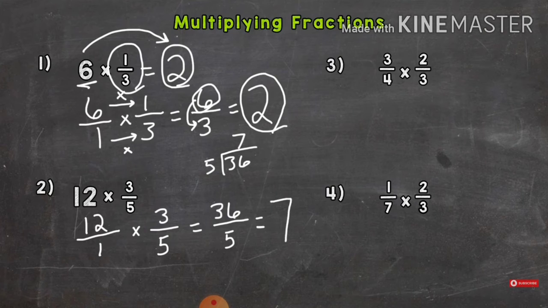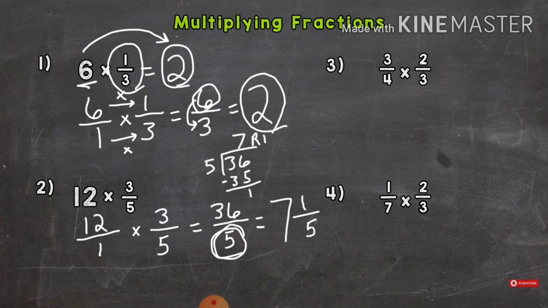But we didn't hit 36 exactly. We have a remainder, or something left over. So 7 times 5 is 35. Subtract to find out what the remainder is, and it's 1. So that 1 is actually going to be the numerator of our fractional part of this mixed number. A mixed number has a whole number and a fraction. So our remainder is the numerator, and we keep the denominator the same.